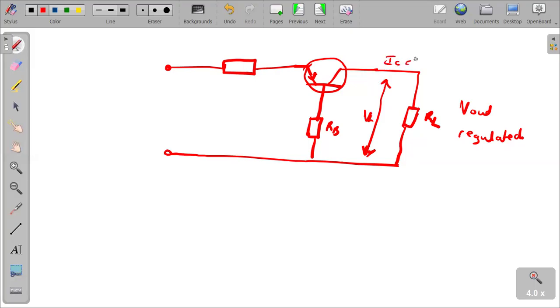And we have another connection right at this point of a Zener diode. We have the Zener diode at this point here. And then we have VBE in between.